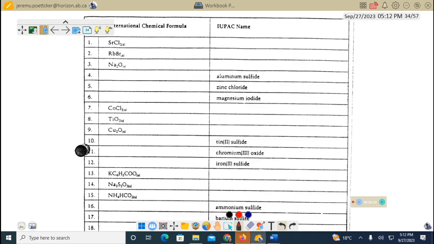Right, so the very first one there we're going to have is going to be strontium chloride. Interesting. Second one will be rubidium bromide. Sodium oxide.